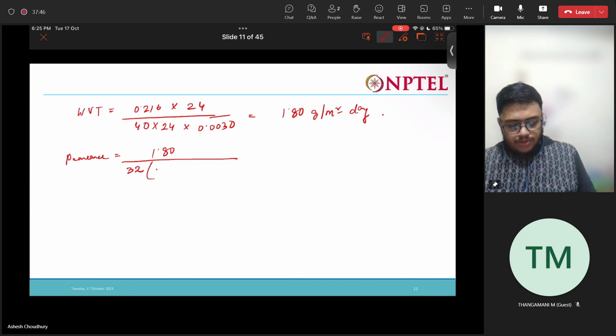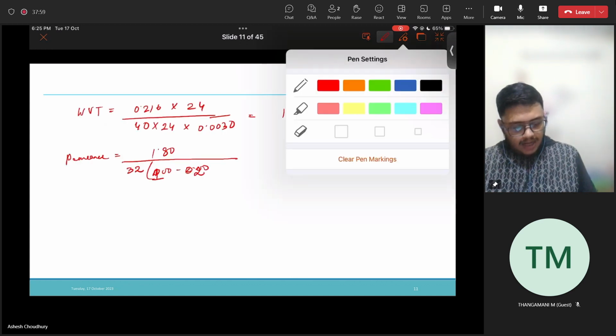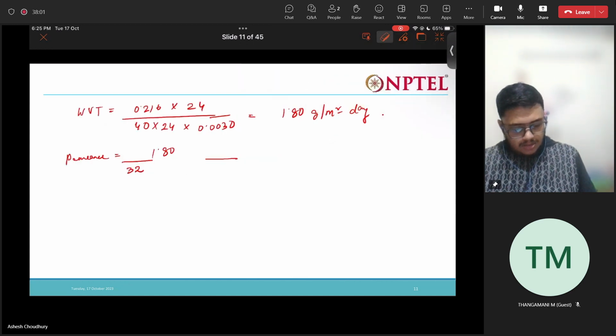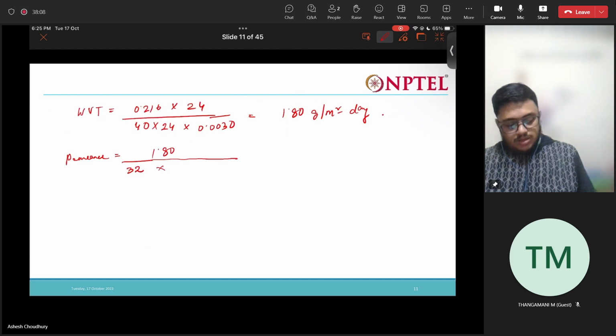Since it is given that the relative humidity difference is 80%, we can directly use 0.80. So you get 0.0703 metric perm.